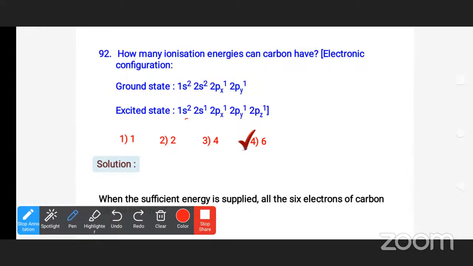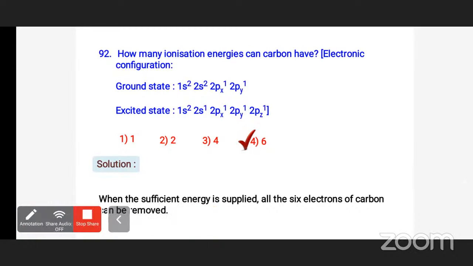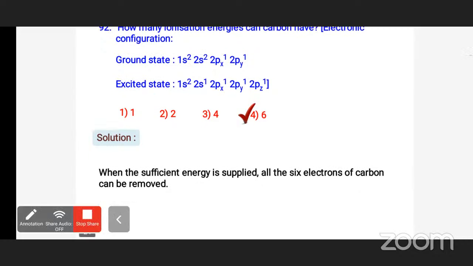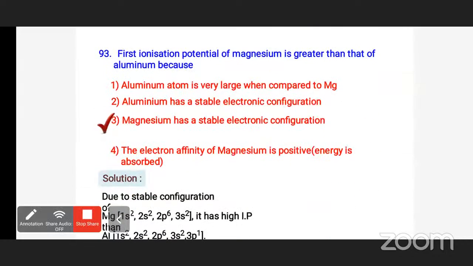Total number of electrons is 6, atomic number 6. So options 1, 2, 4, 6. With sufficient energy supplied, all 6 electrons of carbon can be removed. So the fourth one, 6, is the right option.